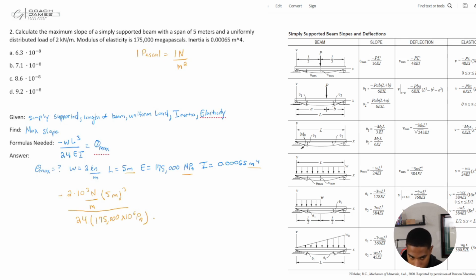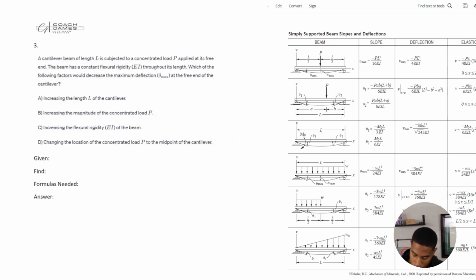And then times my 0.00065 meters to the fourth. All right. And from this, I get 9.2 times 10 to the negative 8. So I get a really small number, which is D.